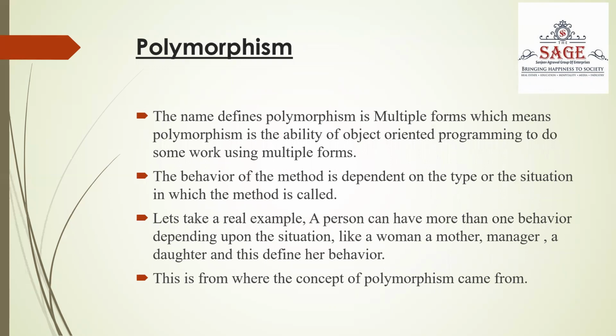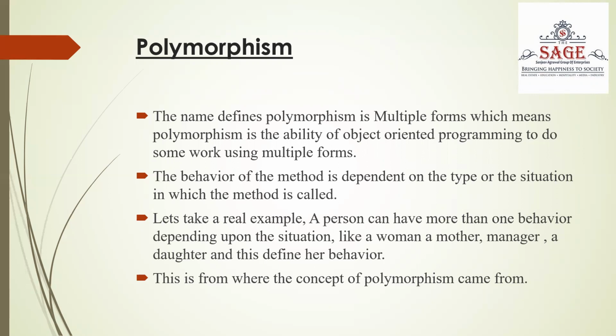Now, the next feature is polymorphism. As the name suggests, polymorphism means multiple forms, which means it is the ability of object-oriented programming to do some work using multiple forms. This behavior of the method is dependent on the type or the situation in which the method is called. Let's take a real example. A person can have more than one behavior depending upon the situation.